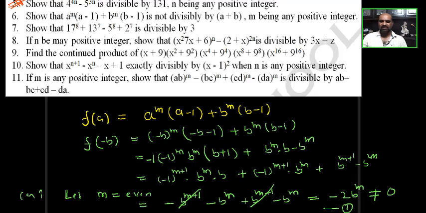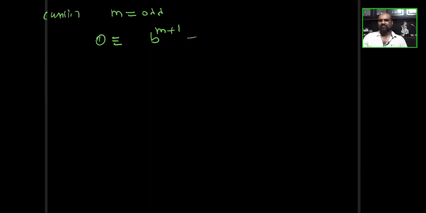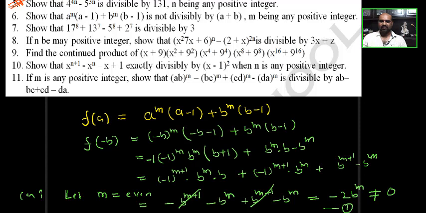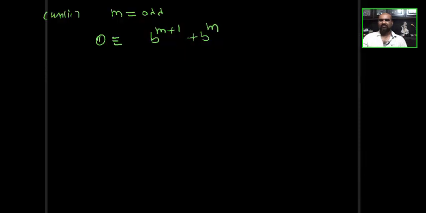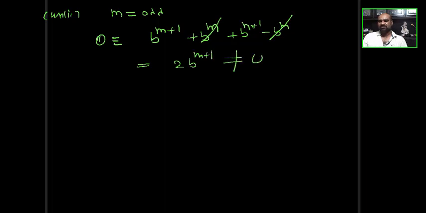M is odd means odd plus 1 is even, directly b power m I will get, plus b power m. Next here what happened? Plus b power (m plus 1) minus b power m. So these two get cancelled. So it gives 2 into b power (m plus 1). This is also not equal to 0 for any m. Okay. This is 2.